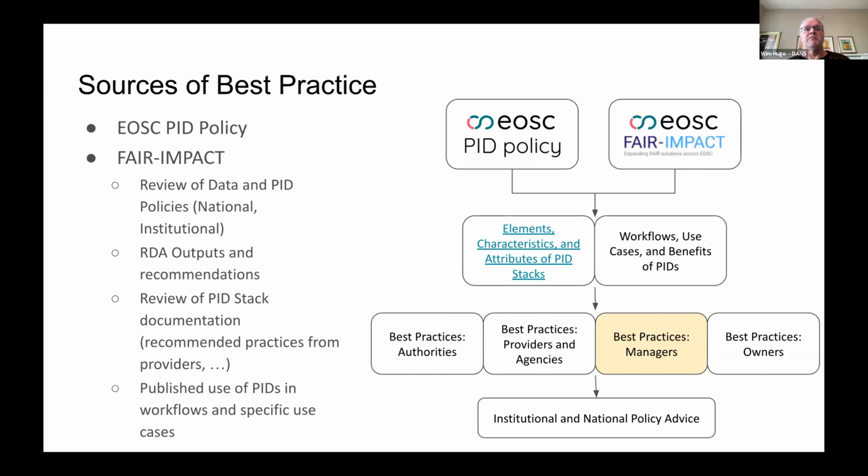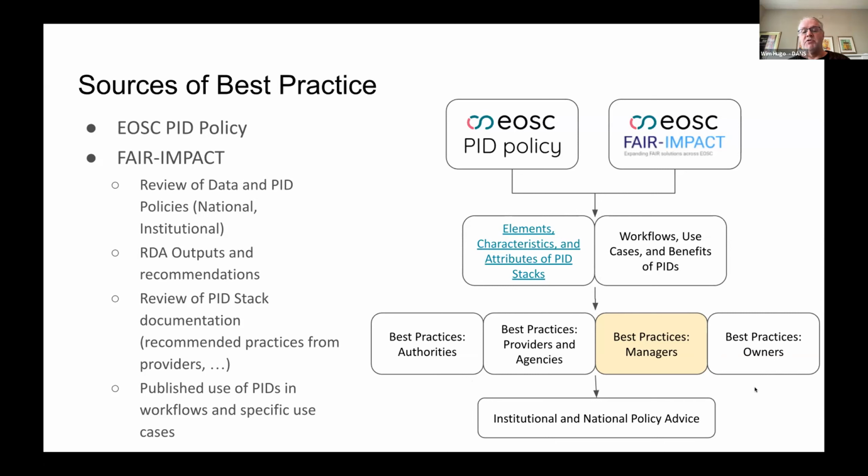And these are not, in my view, at the moment, very well handled within the EOSC PID policy. So we're looking much more broadly than the EOSC PID policy at this current point in time to build up this knowledge base. And then from there, we hope to derive a definitive or a more authoritative set of best practices for the actors in the ecosystem, the authorities, the agencies, the managers, and the owners.